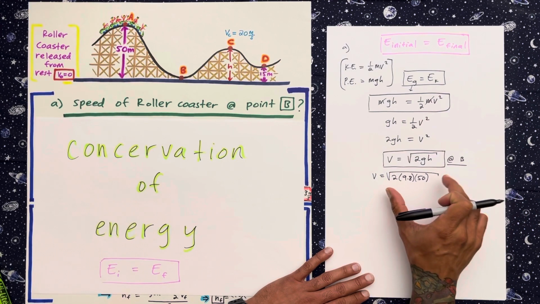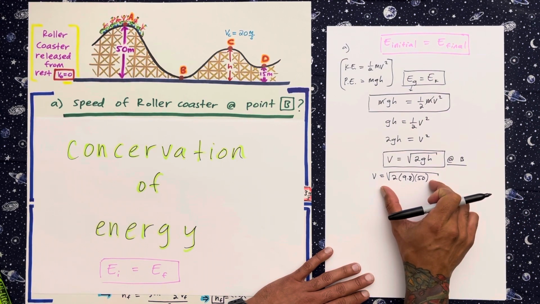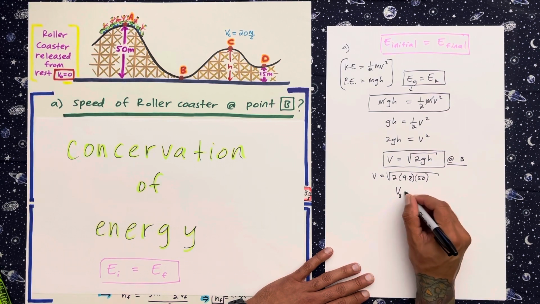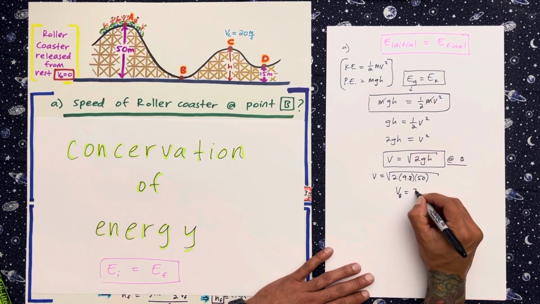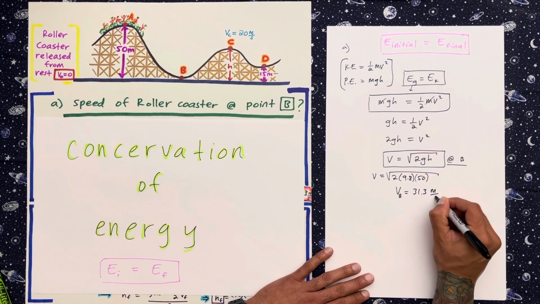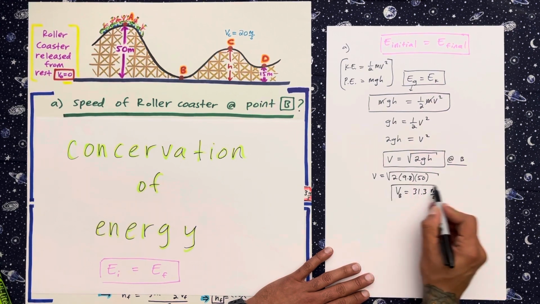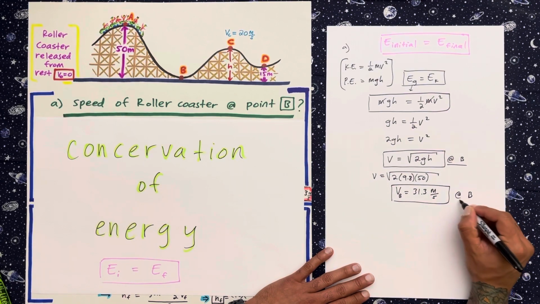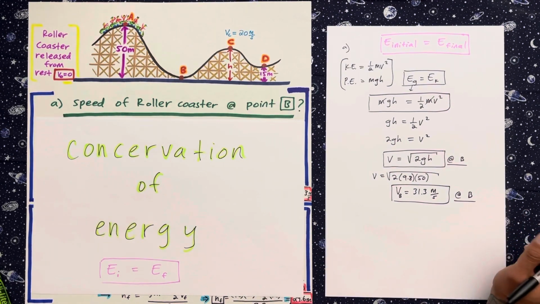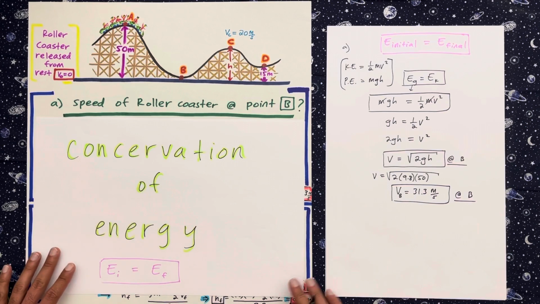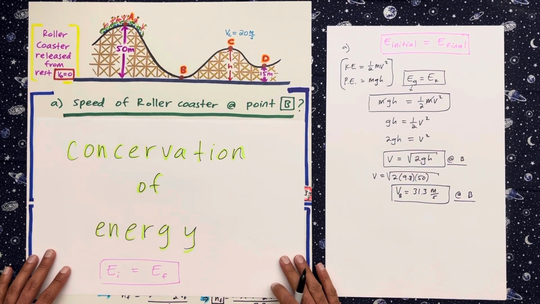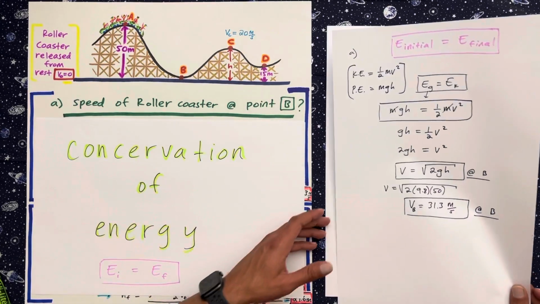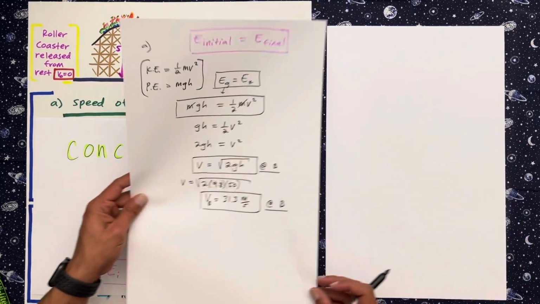Okay, so putting that into the calculator, we get velocity at B is 31.3 meters per second. Remember that that's the units for velocity. Okay, so this is the velocity at B. All right, perfect.